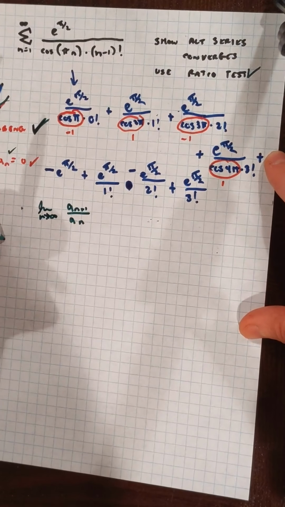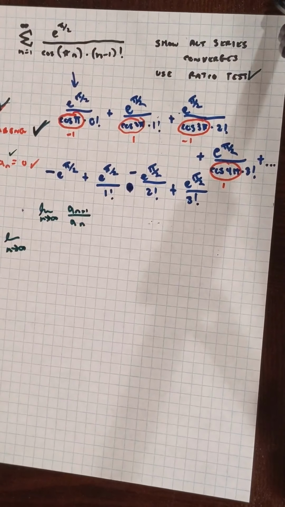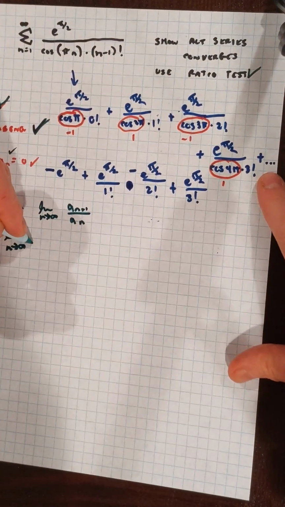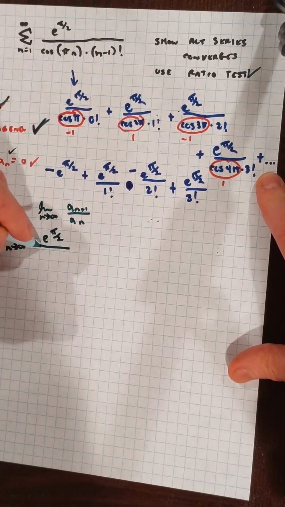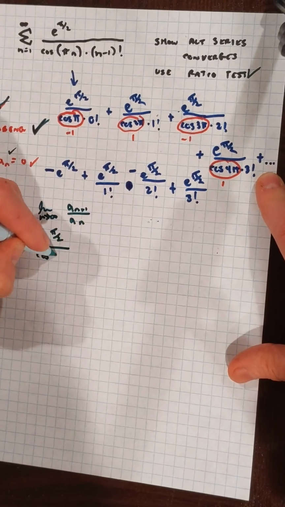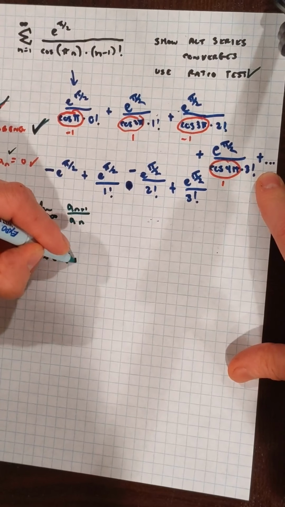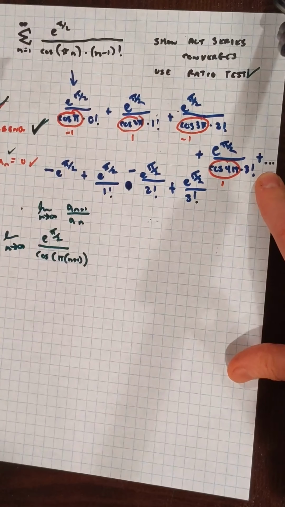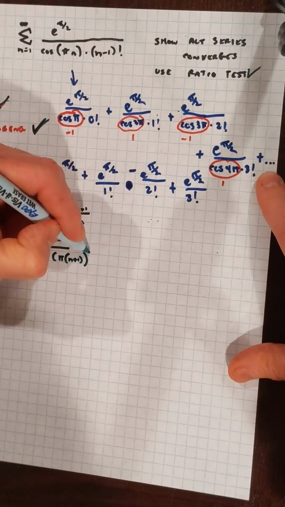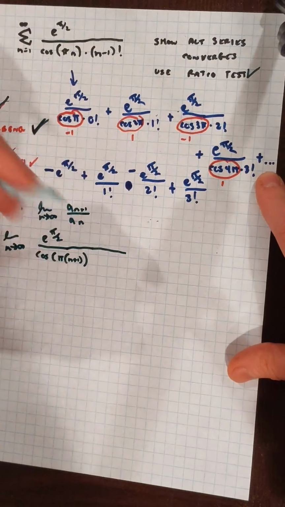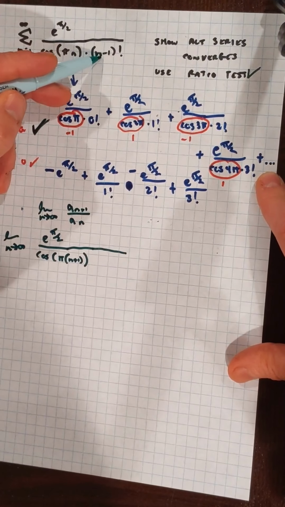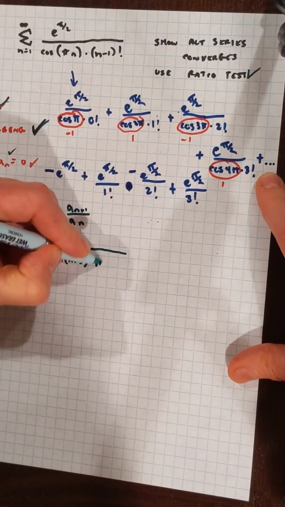So limit n approaches infinity of the a sub n plus 1 term is e pi over 2 plus cosine pi n plus 1 times, still on the bottom, then n plus 1 minus 1 is this n factorial.